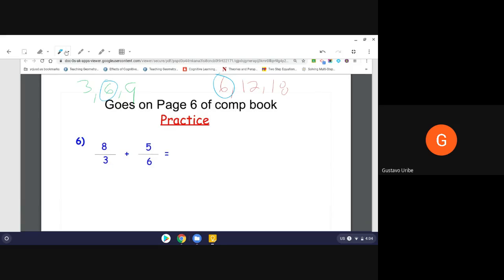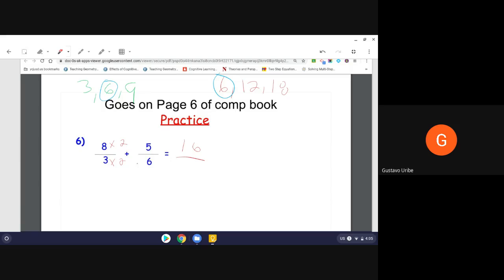So all I have to do now is take the steps to turn this one into a 6. Well, I figured that out up here already. 3 times 1 was 3, so 3 times 2 was 6. And whatever I do to the denominator, I'm going to do to the numerator up here. 8 times 2, well, that's 16.